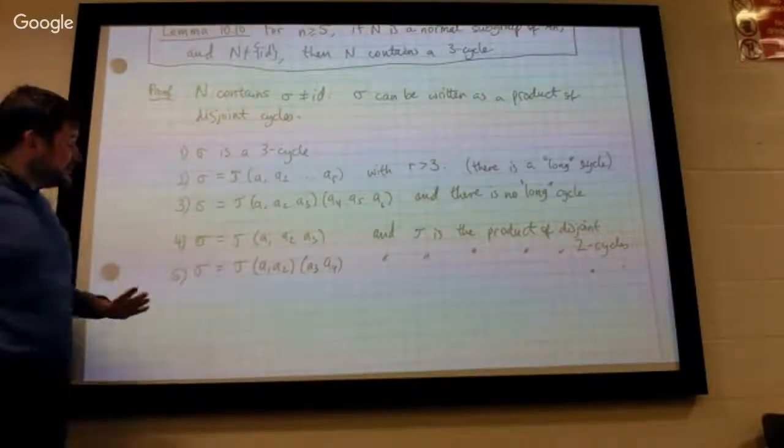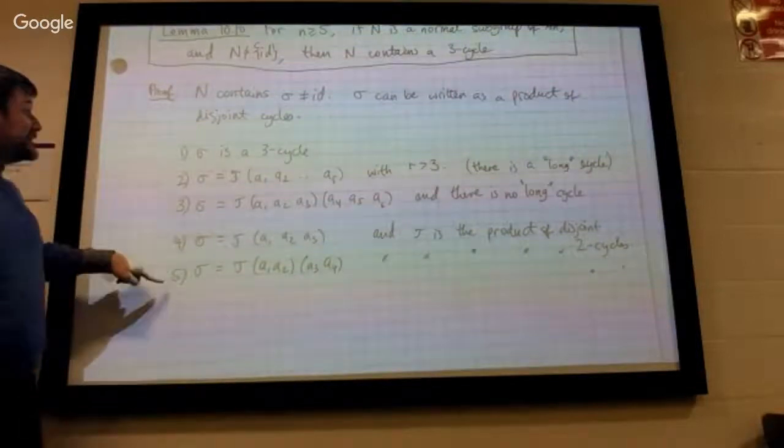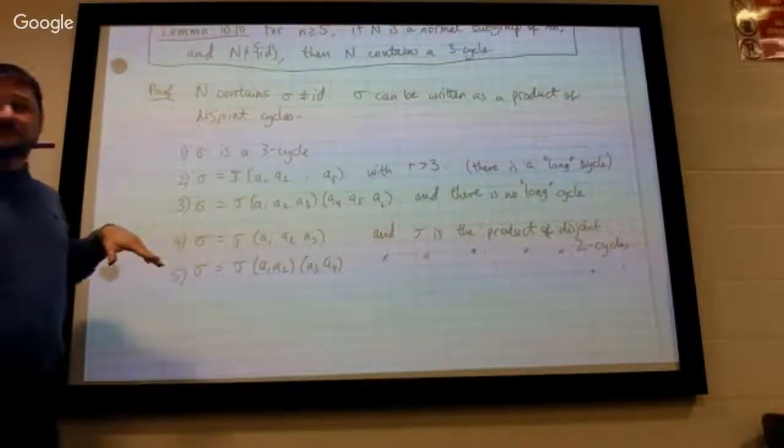So now we want to prove that in each of these 5 cases, there is a free cycle in the group.